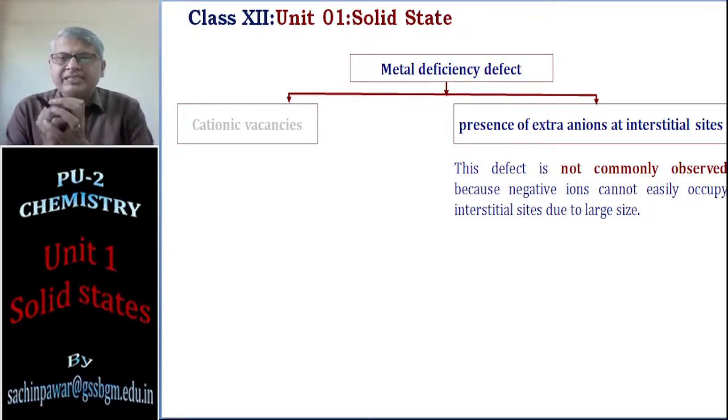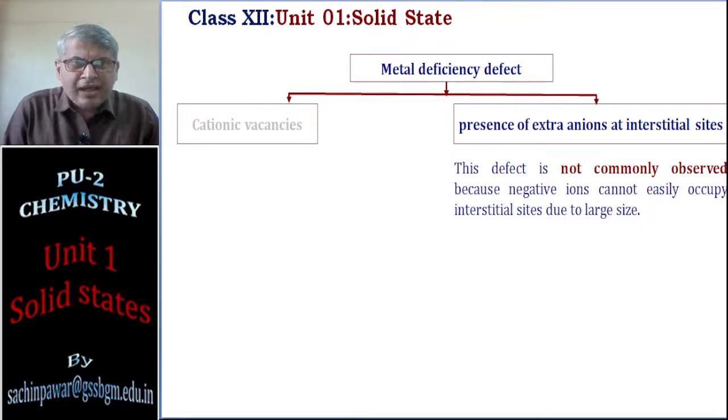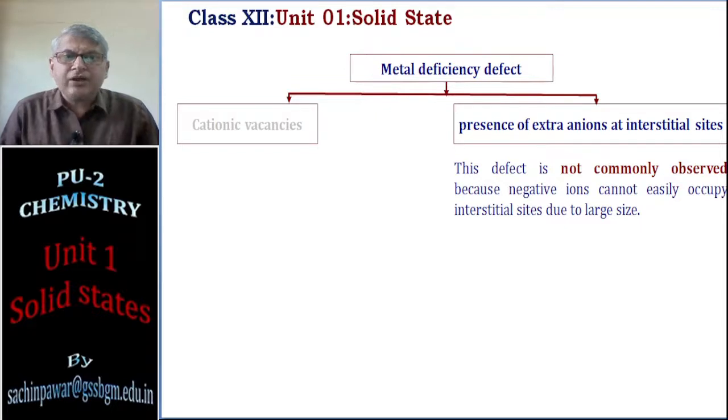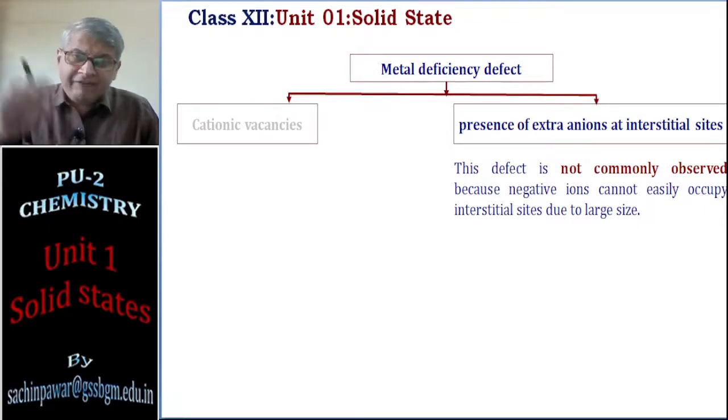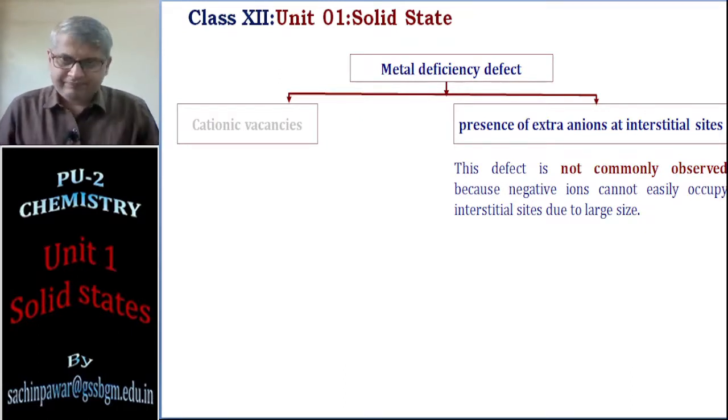A small space cannot occupy a large body, and that's why a metal deficiency defect involving presence of extra anion at the interstitial site is very uncommon. It is not commonly observed because of the larger size of the anion, which makes it unfit to go into the interstitial site, which is smaller in size in comparison with it.